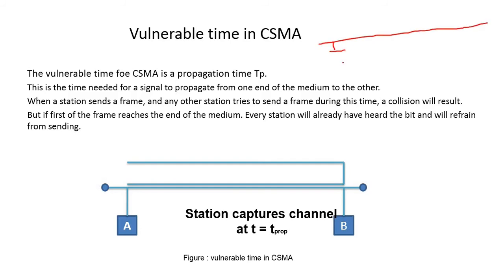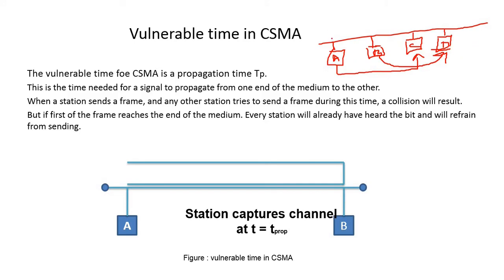There is station A, there is station B, there is station C, there is station D. Now the situation is that A wants to transmit data to station C and B wants to communicate with D. So let's see what happens.